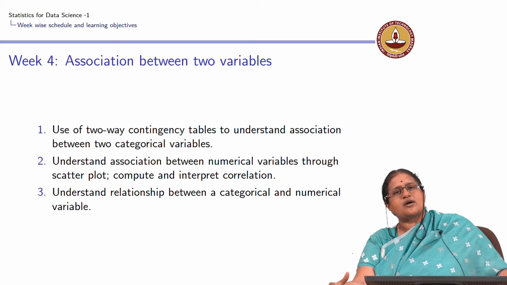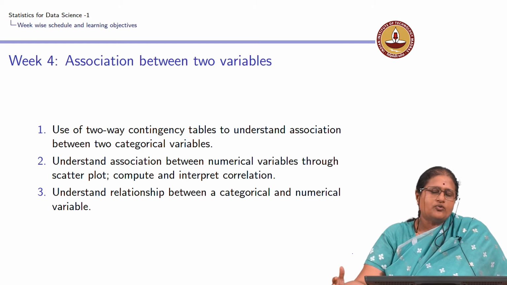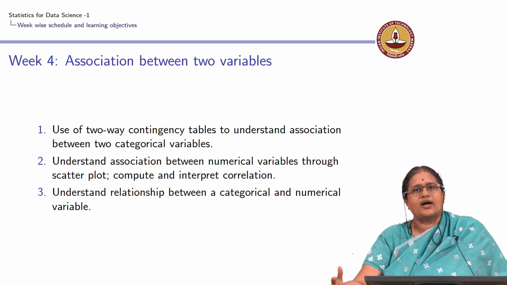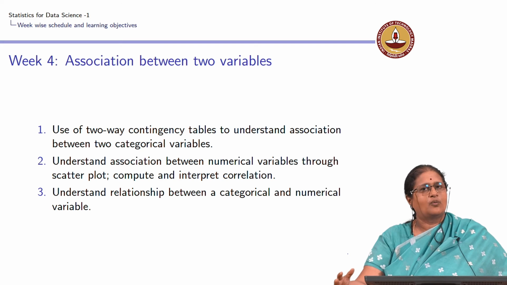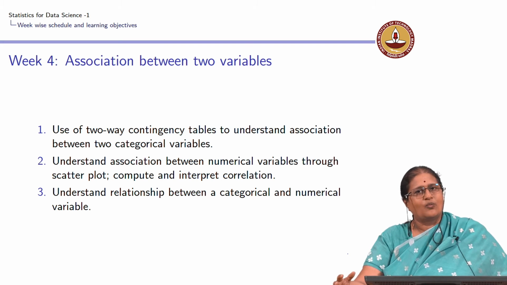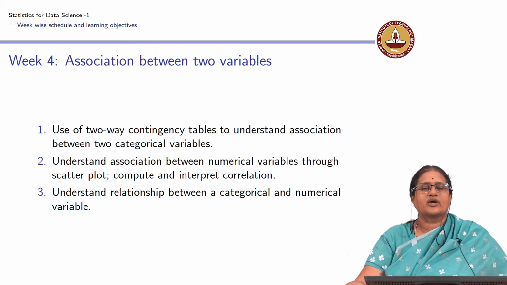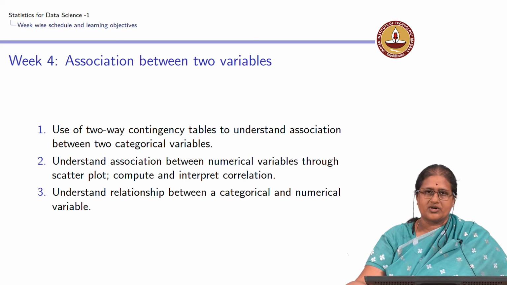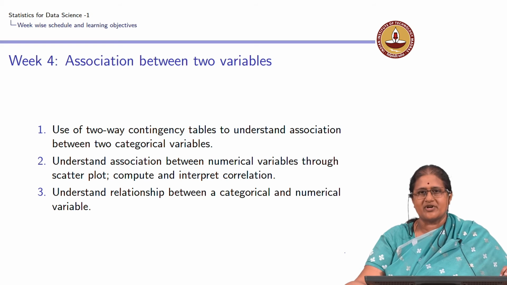So, this is the first module, weeks 1 to 4, where you should have a conceptual level understanding of what a data set is, what the types of variables in my data set are, how I can classify them as quantitative, qualitative, numerical or categorical, and how I summarize them.